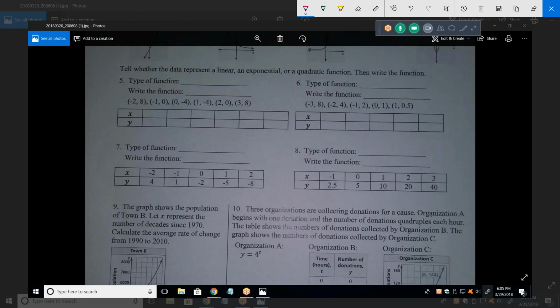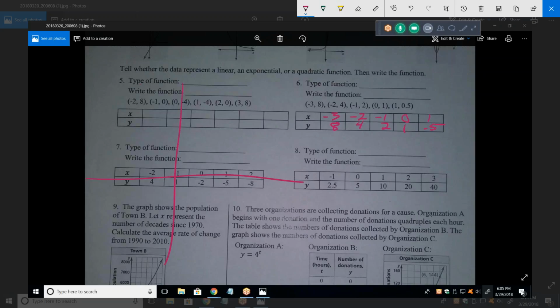So first of all, let me put in our values. -3, 8, -2, 4, -1, 2, 0, 1, and 1.5. Let's graph those, just see what we're looking at.